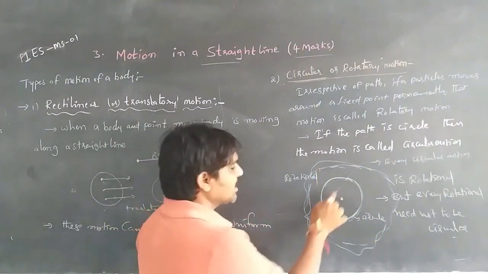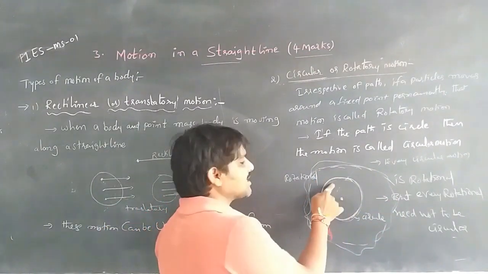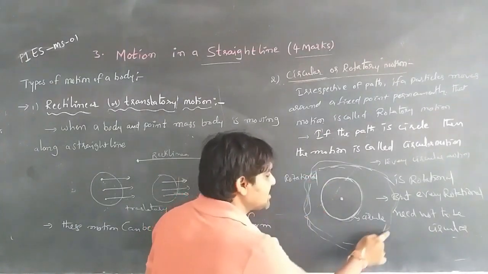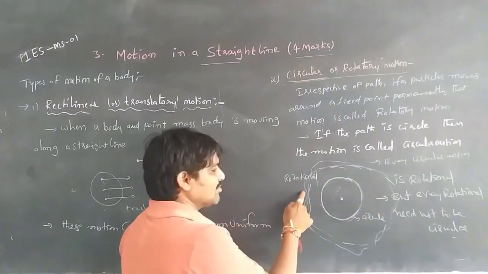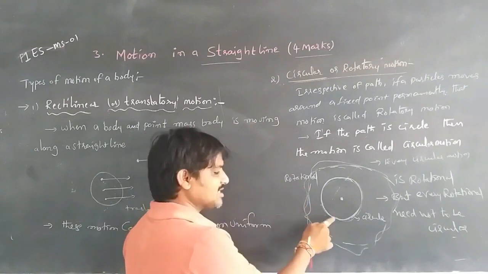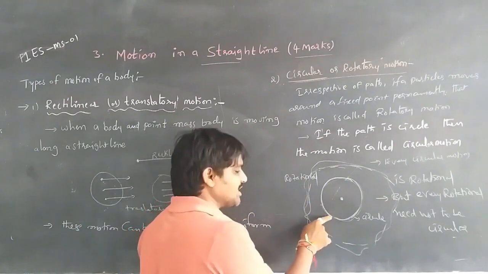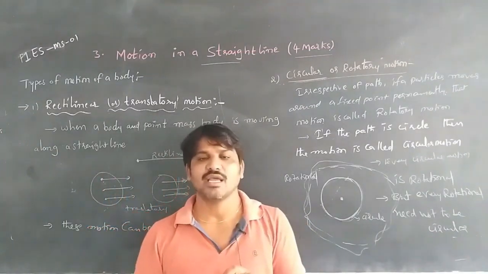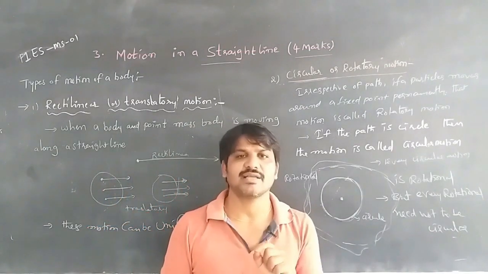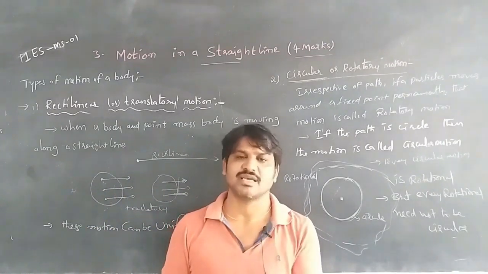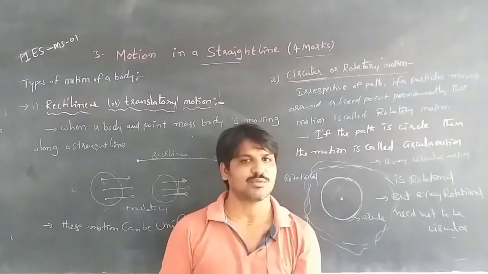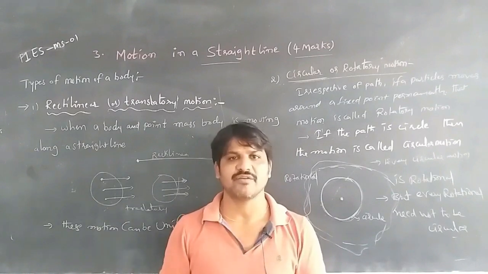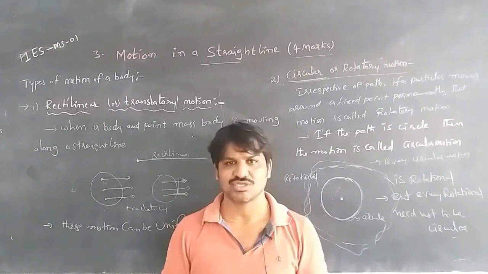Here we can see that this motion is circular as well as rotational. But this other one is not a circle, but it is rotational. Whenever a body moves around a fixed point, irrespective of path, whether circular or not circular, if the body is moving permanently around a fixed point, then that will be rotational motion.